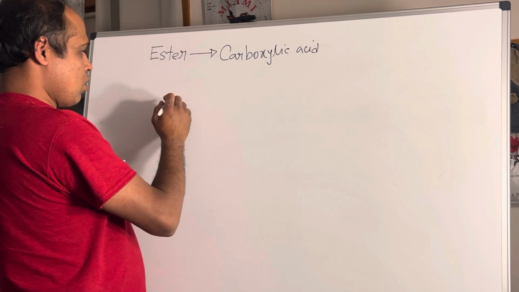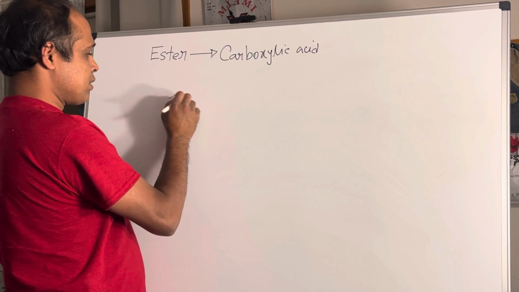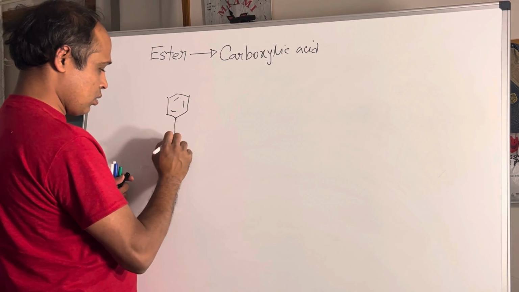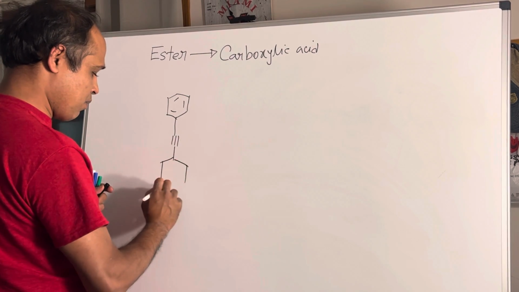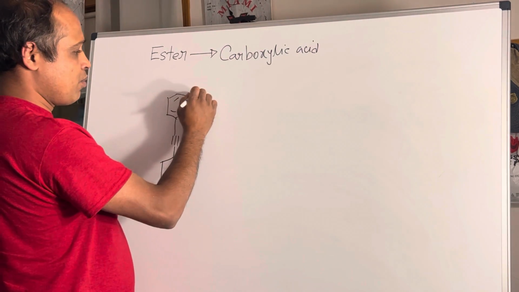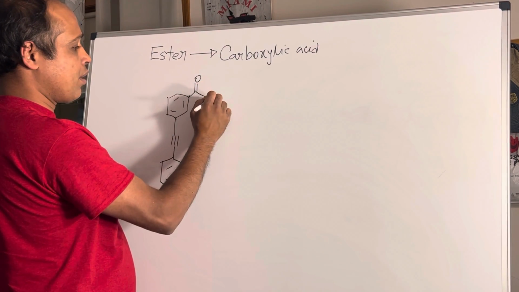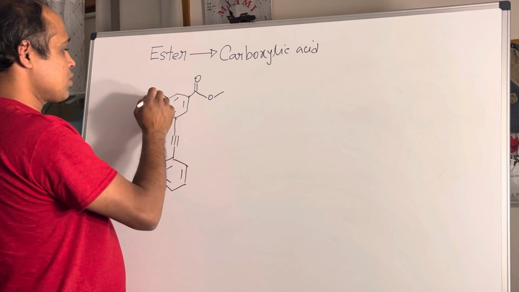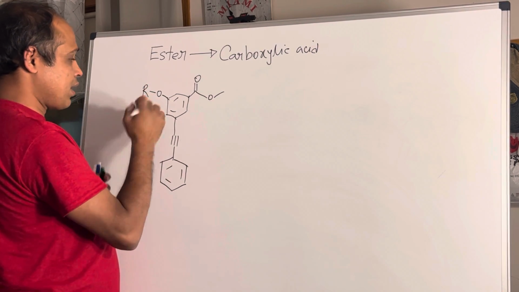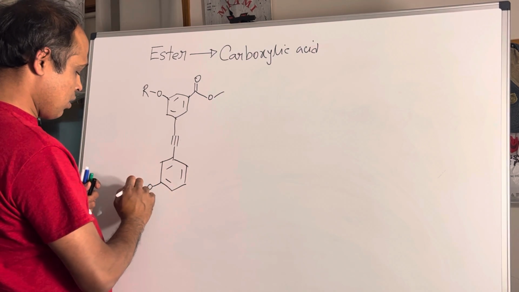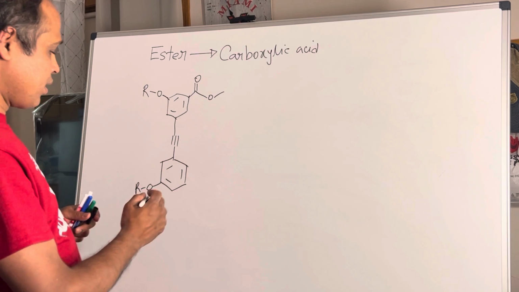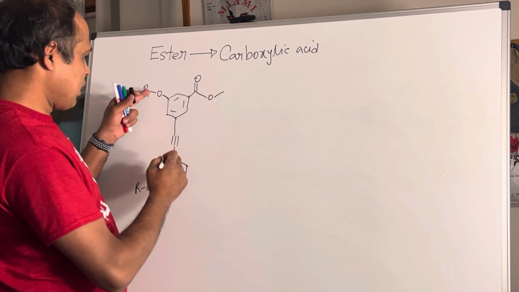Okay, another reaction I have also done. If you see my previous video on Sonogashira coupling, in that video I gave one reference paper, so maybe you can see those papers. This oxygen is connected with any alkyl group, even with a PEG, polyethylene glycol chain, or a kind of ether.